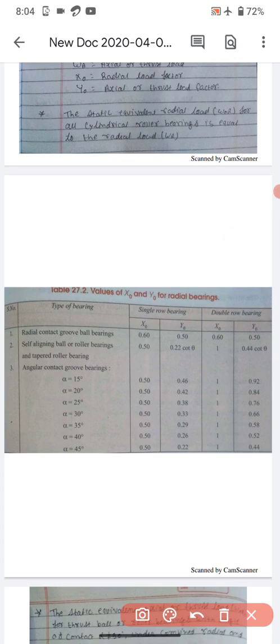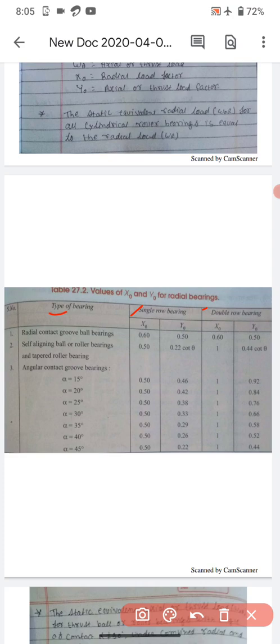Next, in the question you may see the type of bearing and whether it is single row bearing or double row bearing. As in the class we had already seen the type of bearing.